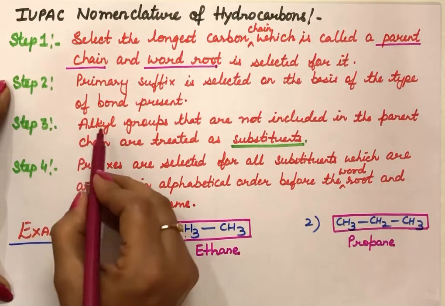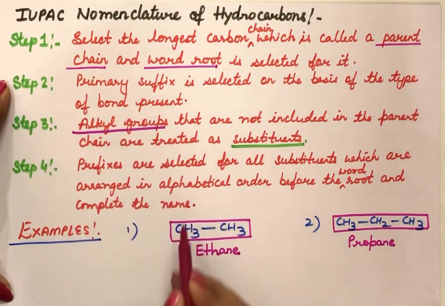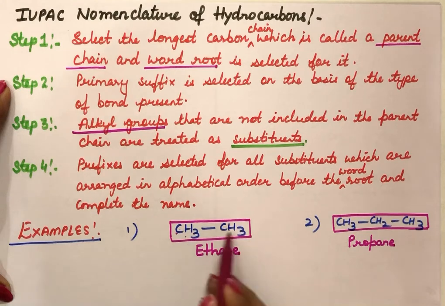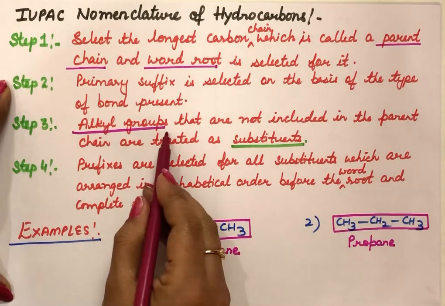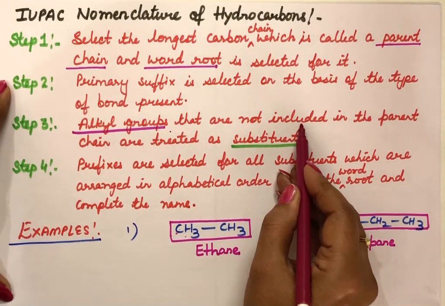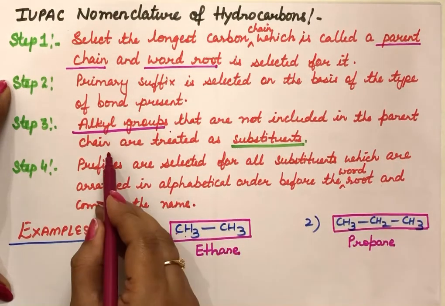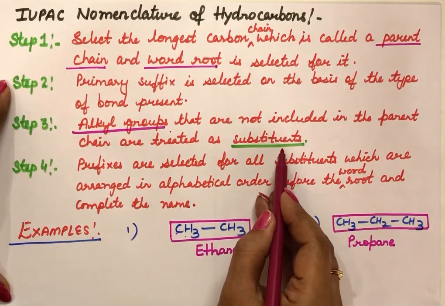Now step 3, alkyl groups. If there are some carbon atoms, alkyl groups, which are not in the parent chain, these two examples just have a parent chain. There is no extra carbon atom or alkyl group here. But if we find alkyl groups that are not included in the parent chain, these will be treated as substituents.